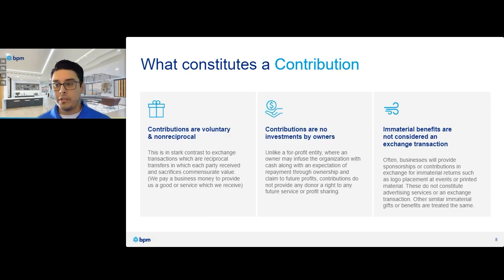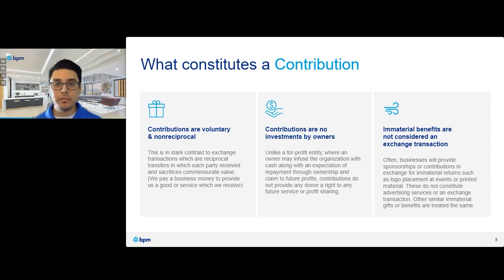So what constitutes a contribution? Part of that definition states that contributions are voluntary and non-reciprocal. This is in stark contrast to an exchange transaction, what we're used to in a for-profit entity, where there is commensurate value being exchanged.